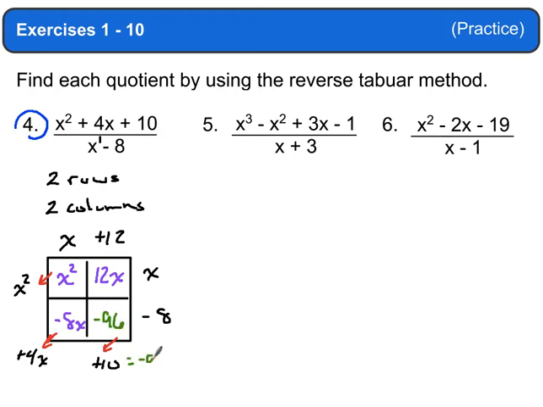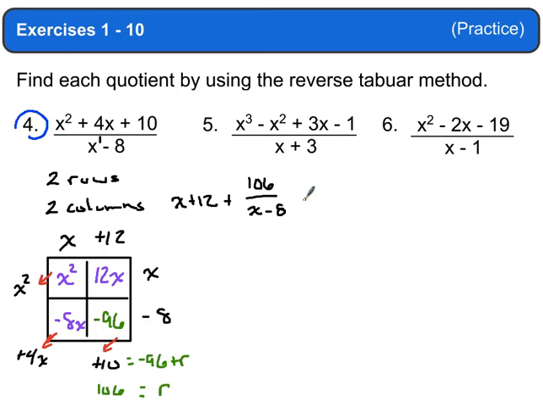So we'll put negative 96 plus r. And we move this over and we find out that r ends up equaling 106. That means our final answer for this one is going to be x plus 12. We had a remainder of 106. And we put that over our divisor of x minus 8.